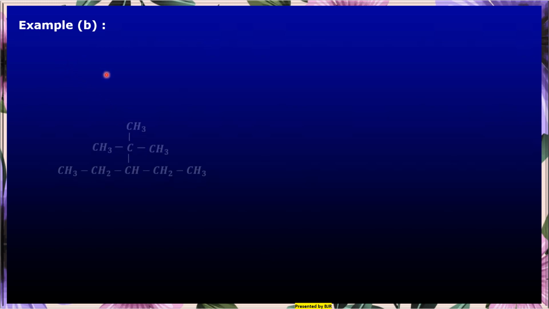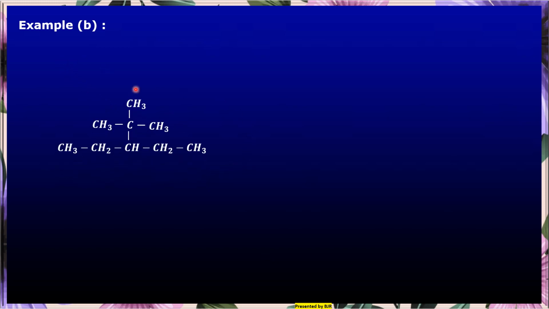And one more example you can see here. Okay. In this, 2 possibilities are there. That means 2 chains of carbon atoms having equal lengths are possible for the selection of parent chain.